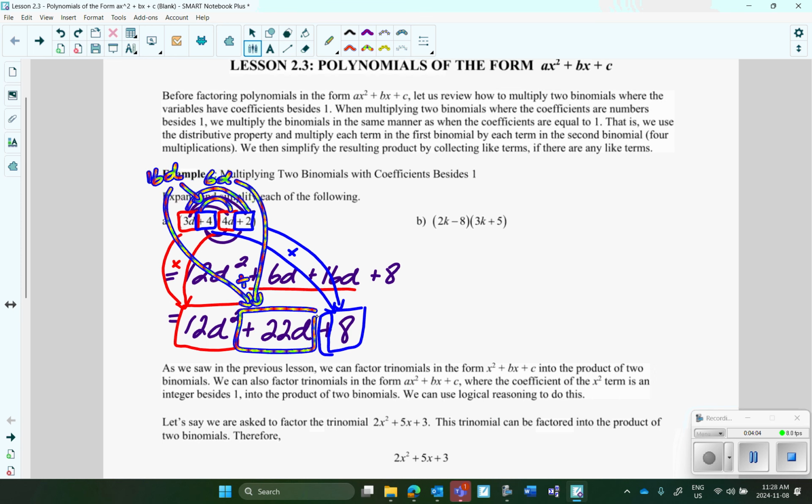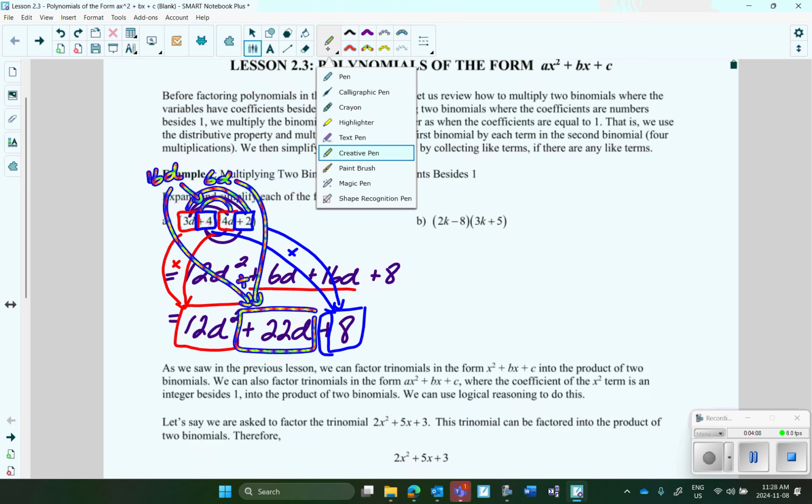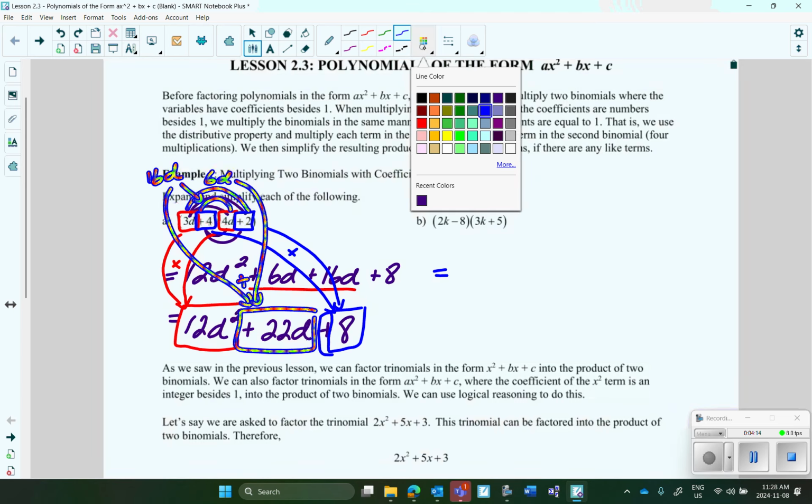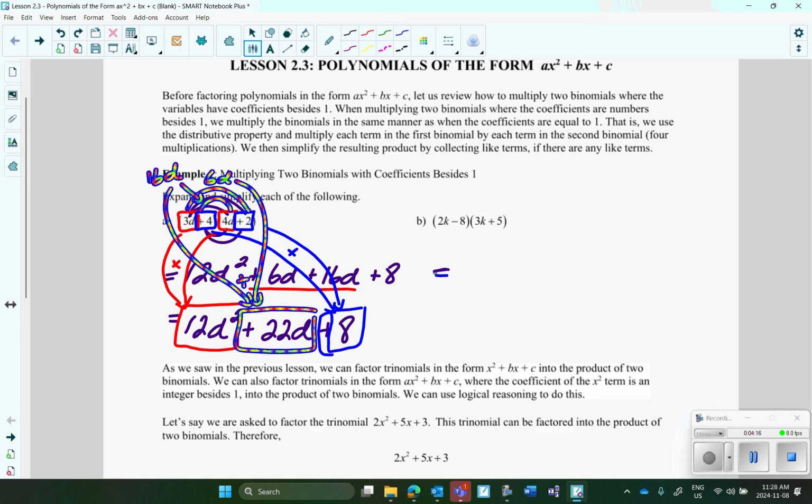So given that, do you think that you could go directly to the answer for the second one without doing this step? What's the first term going to be? It's going to be these 2, right? Which is what? 6k squared. What's the last term going to be?